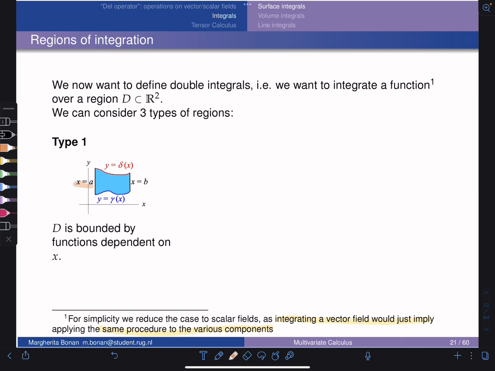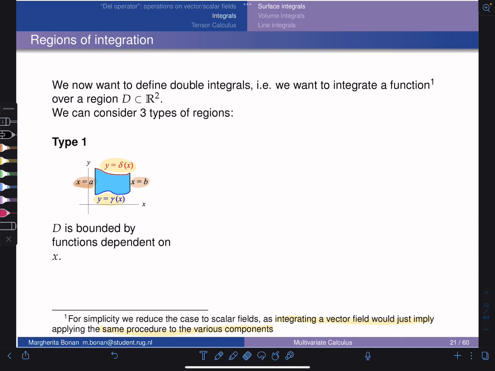In this picture we see that we have constant bounds for y, while for the bounds in the x direction we have a function gamma that depends on x and a function delta that also depends on x.